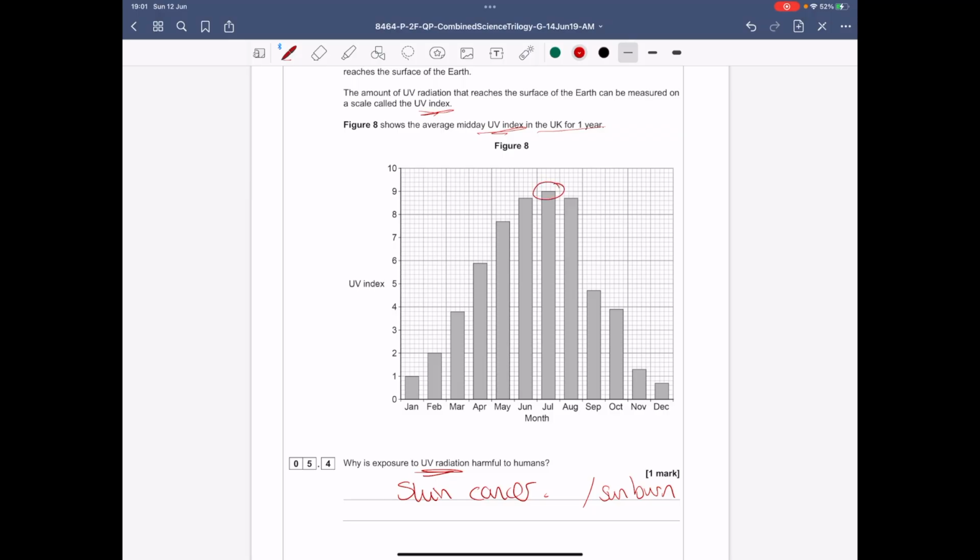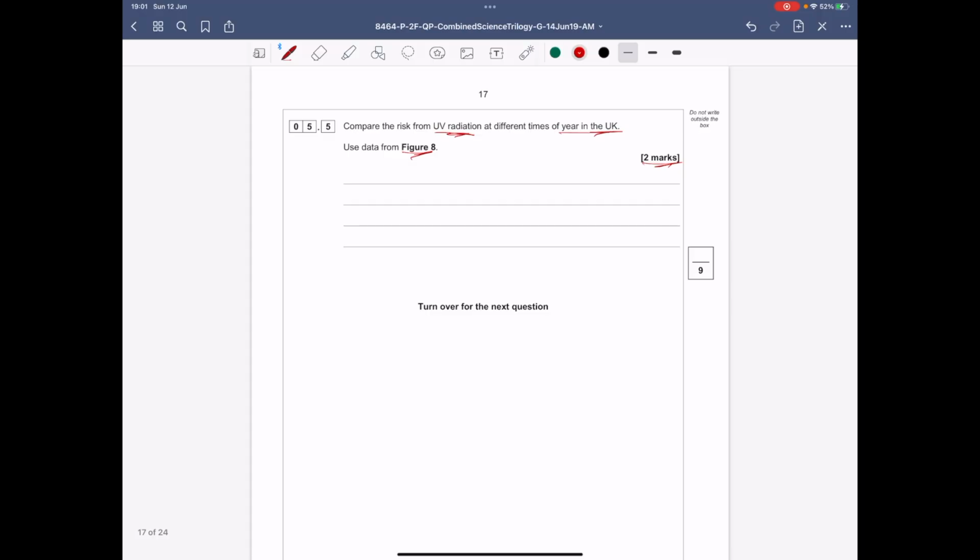So just reading off the graph, we can see July has the highest UV index at 9, whereas the lowest would be December at about 0.75 UV index.